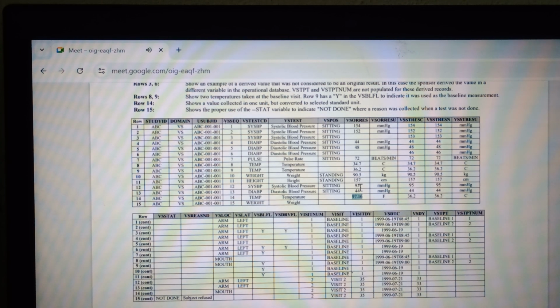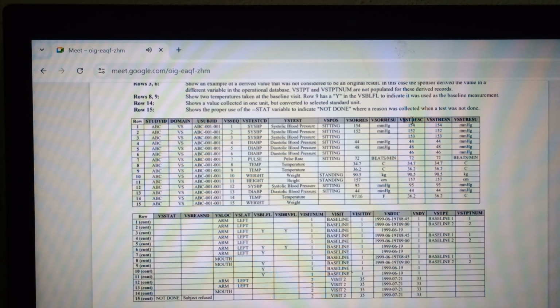Okay. So if you can see, generally the temperature is captured in degrees, for example these two records are captured in degrees. But if you can see, this record is captured in Fahrenheit, 97.16. So when it comes to the original results, these are the two differences.